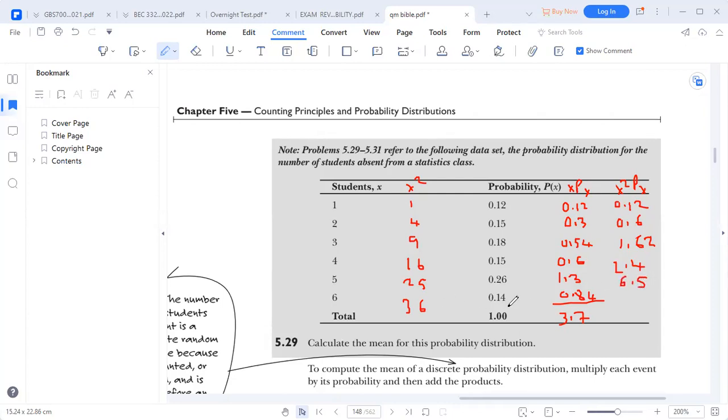Finally, 36 by 0.14, get 5.04. Add up everything. We get 16.28.